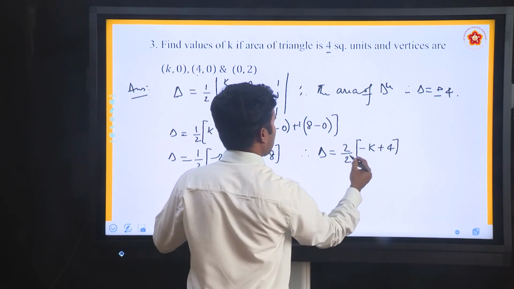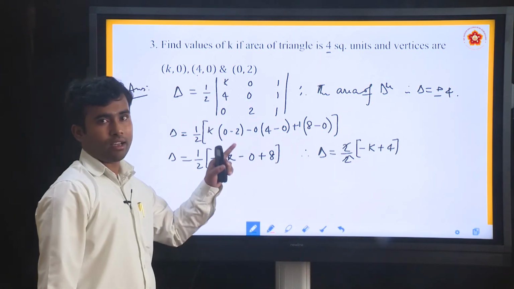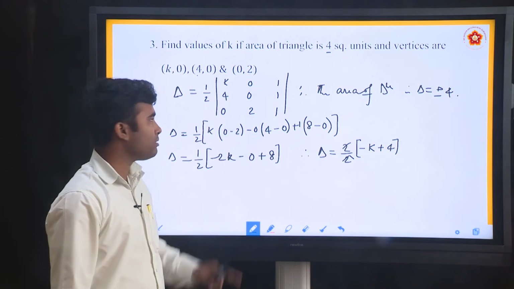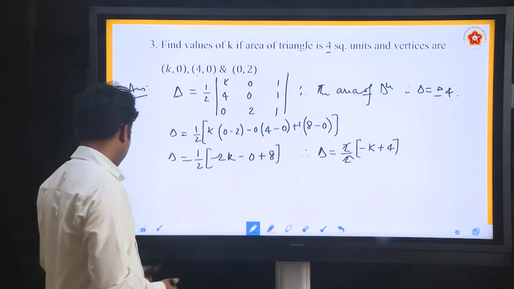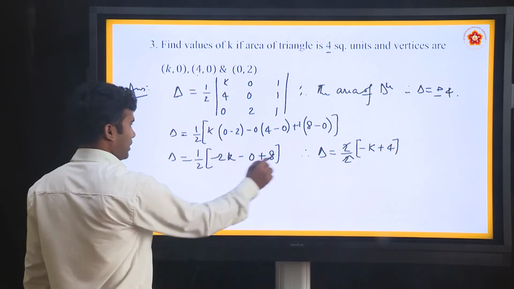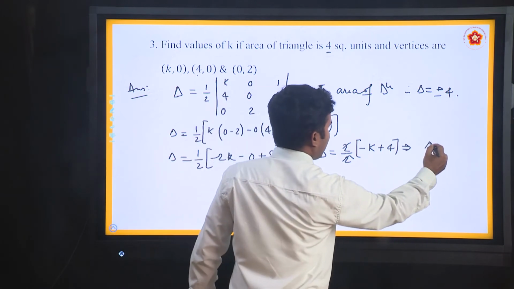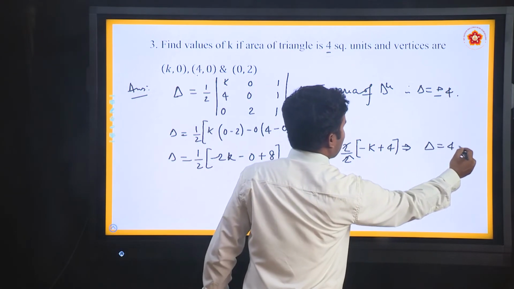So, the 2 gets cancelled. As you know, we have taken plus 4 as well as minus 4 for the area of the triangle, so you will get 2 values for k. We will take plus 4 for this. Therefore, delta is equal to 4 minus k.